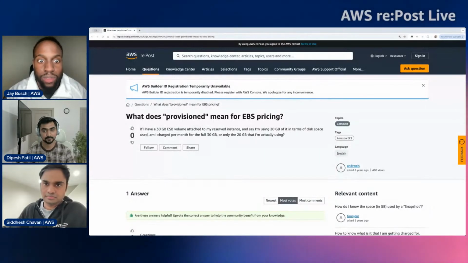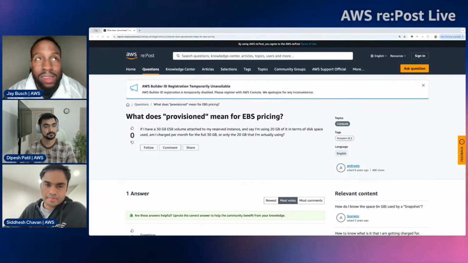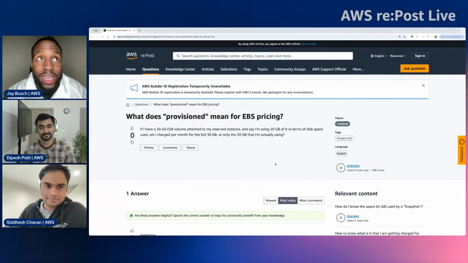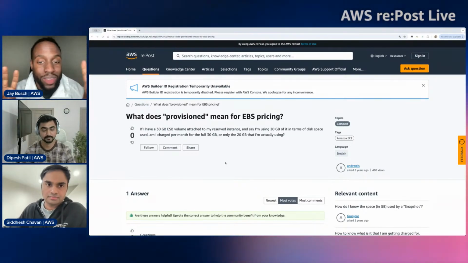But I mentioned provision previously, so let's take another quick question that asks specifically about provisioning. Thank you, Andrew Weiss, for asking how to interpret the term provision as it pertains to EBS pricing.